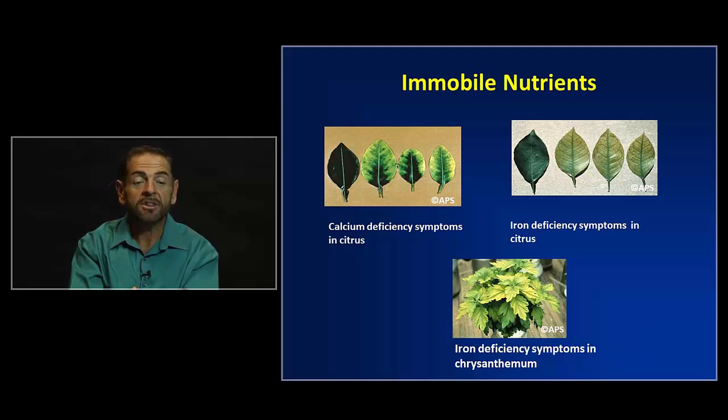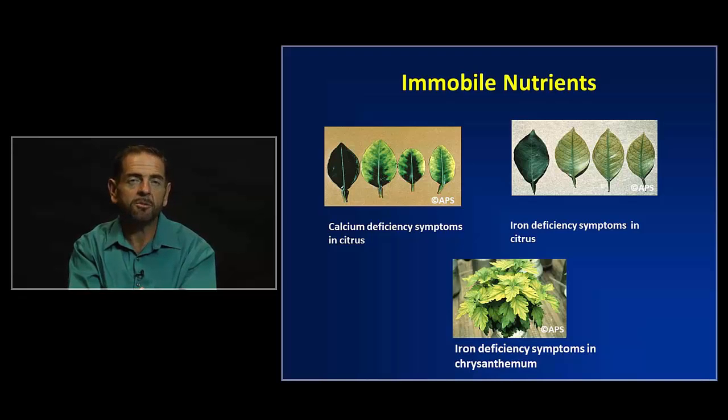Iron deficiency is very classic and it's very common. The reason it's common is because iron is very, very dependent on the solubility in the soil. And oftentimes, especially in the West, where we have very high pH soils or alkaline water, iron is very immobile in the soil. It's precipitated out, it's not solubilized.